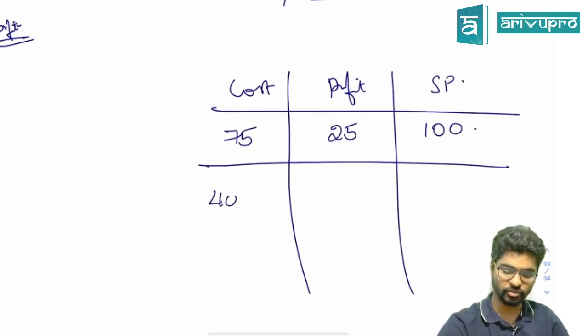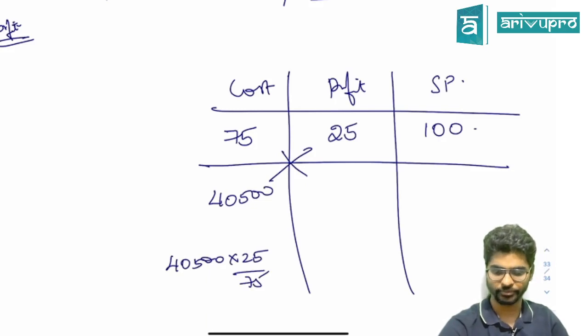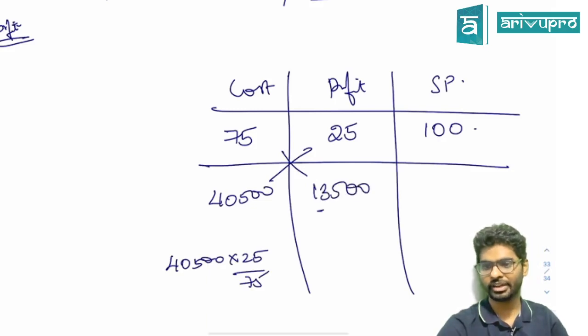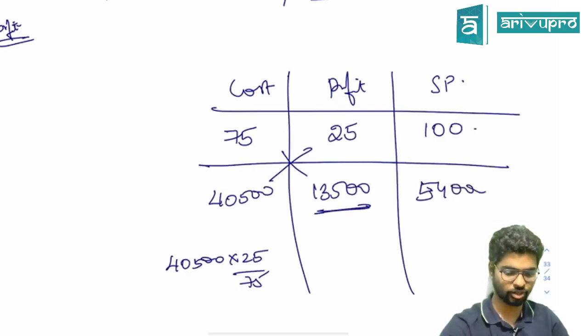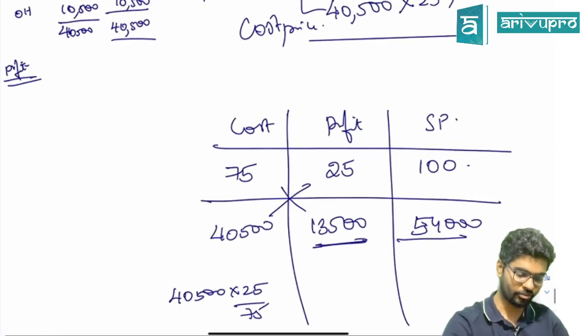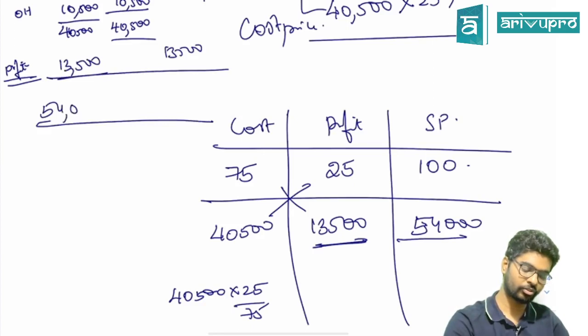Here my cost is 40,500, do the cross multiplication, that is 40,500 into 25 divided by 75, which comes to 13,500. So I'll be transferring it at 54,000. So my profit is 13,500. So I'll be transferring it at 54,000.